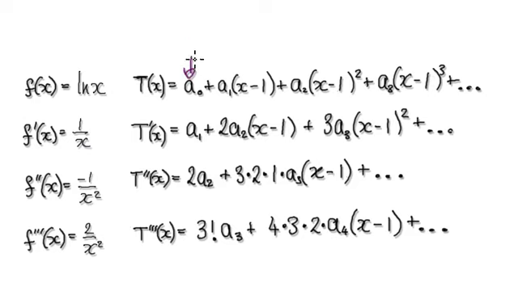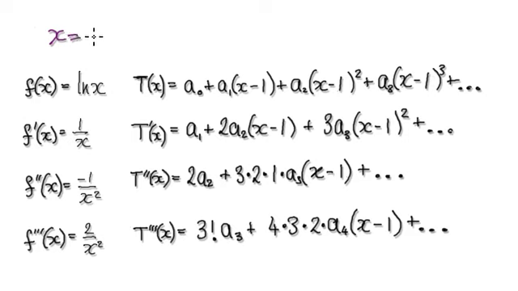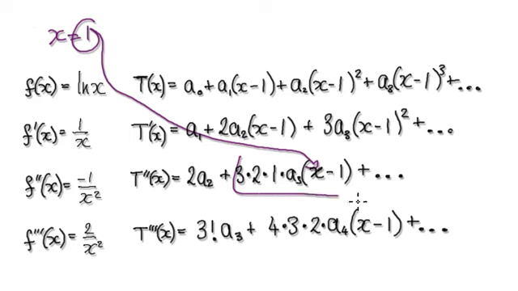So what we know so far is that this is 0 and this is 1. For the next coefficient, we demand the second derivative to match up with the second derivative. At x equals 1, put it into here, so this whole term will disappear, leaving you with just this.